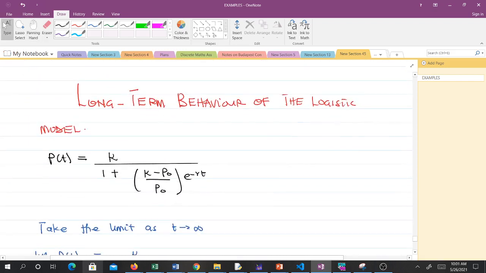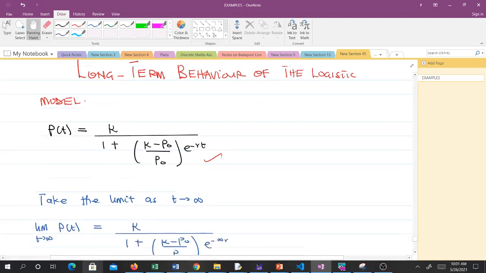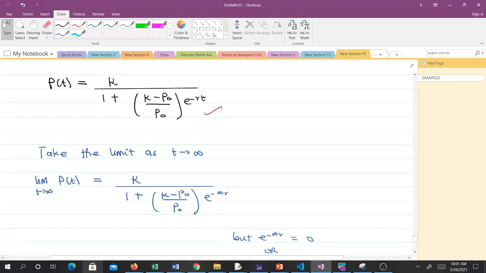So now let's look at the long-term behavior of the logistic model. So we have this to be the analytic solution, right? As we allow time to grow for a very long time, what happens to the model? So we take the limit as t approaches infinity.